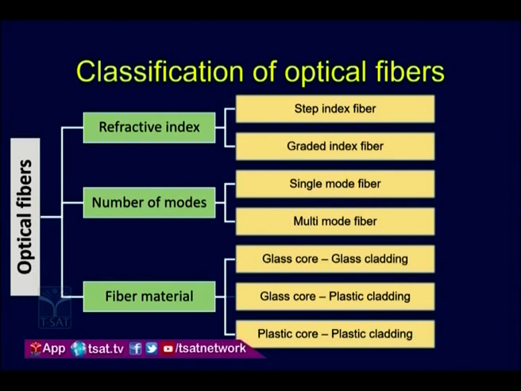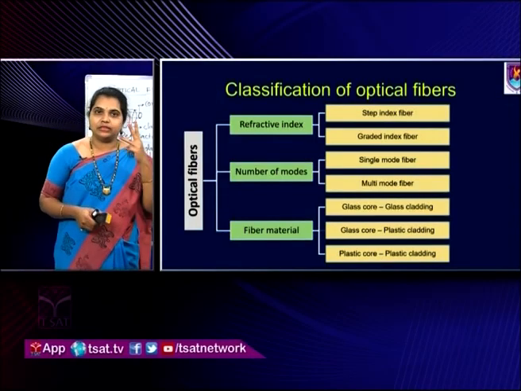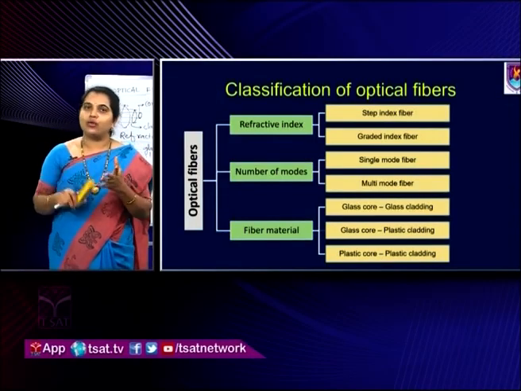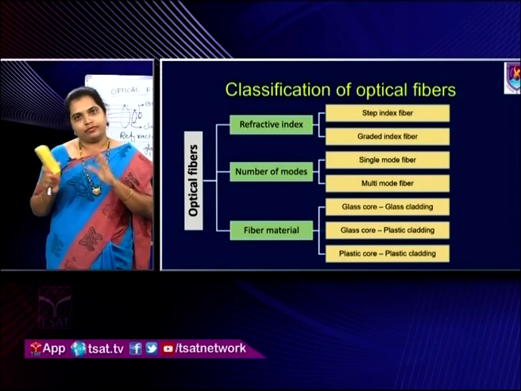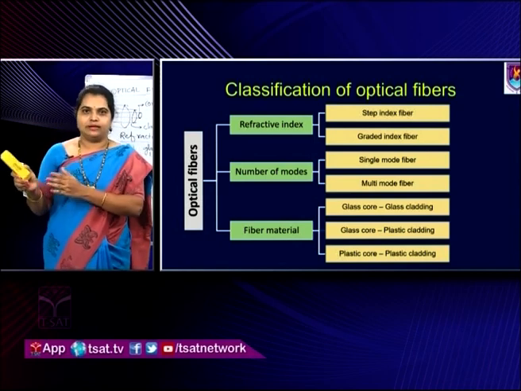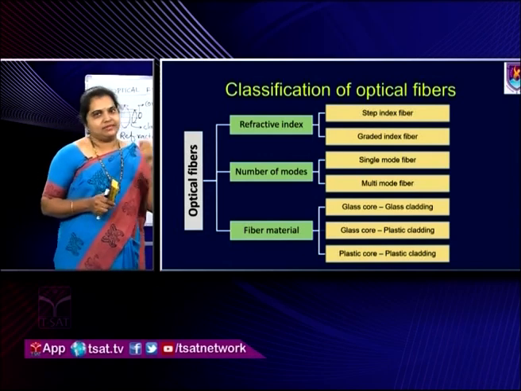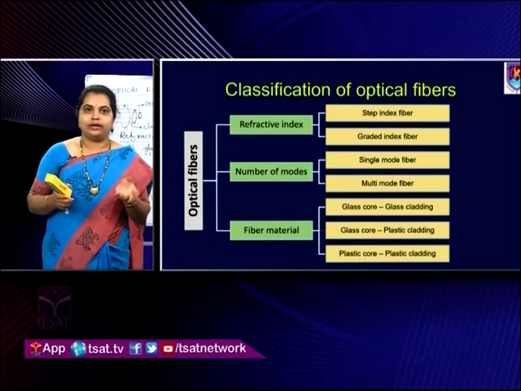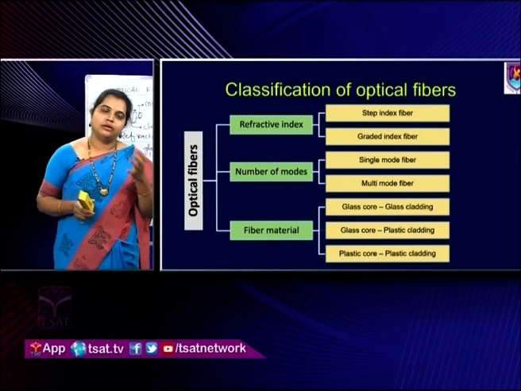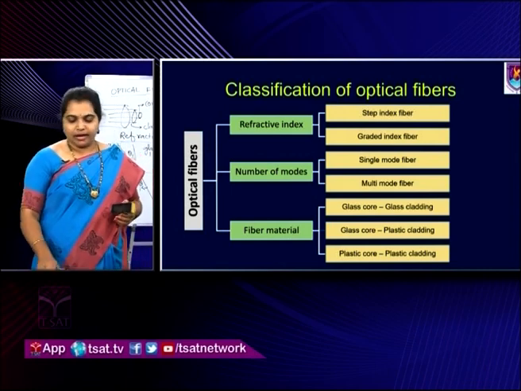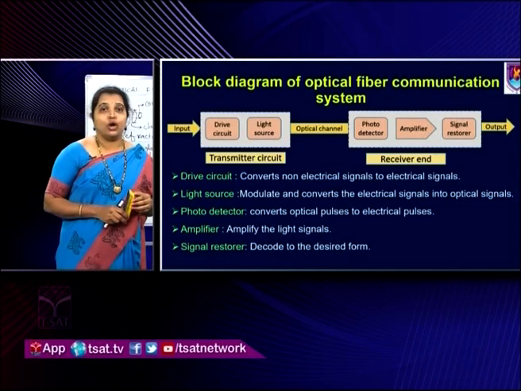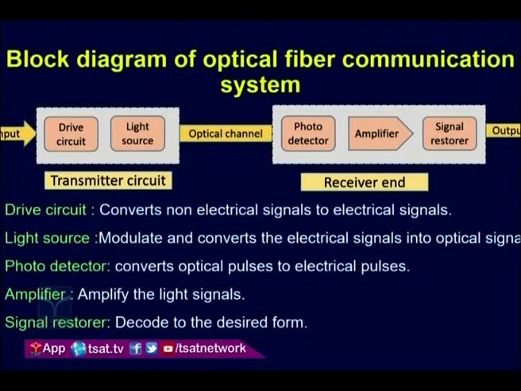Based on the number of modes, it is two types: single mode fiber and multi-mode fiber. And based on the fiber material used, it is three types: core and cladding both made of glass, or core glass and cladding plastic, or both core and cladding made of plastic.